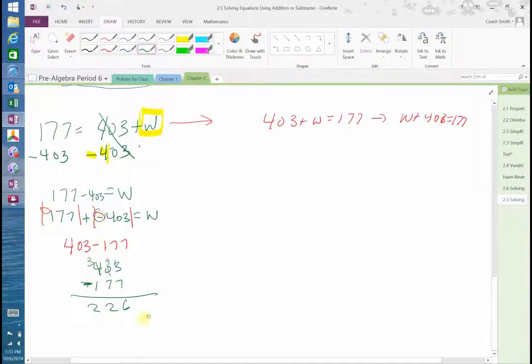The larger absolute value is negative, so it's negative 226 equals W. Oh, yeah, you have to, you're borrowing from that, so it has to drop down 1, which would be 9. Okay, and so that would be your answer.